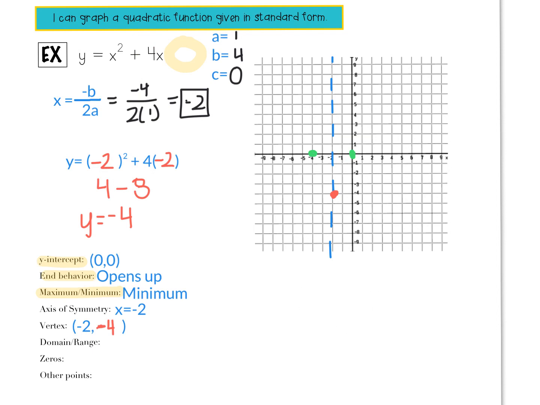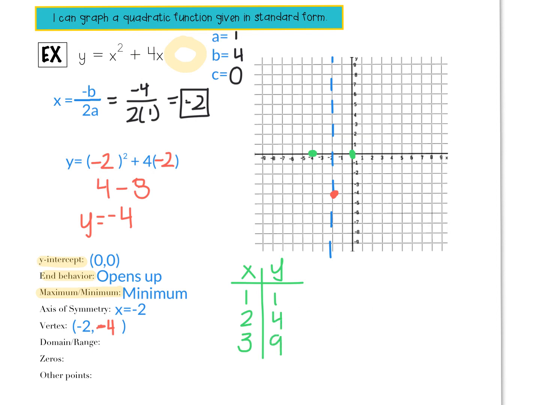So if you recall when we talked about that parent graph table, this is going to be super important. And these are values that I want you to memorize. I want you to memorize 1, 2, and 3. So 1 squared is 1, 2 squared is 4, and 3 squared is 9.